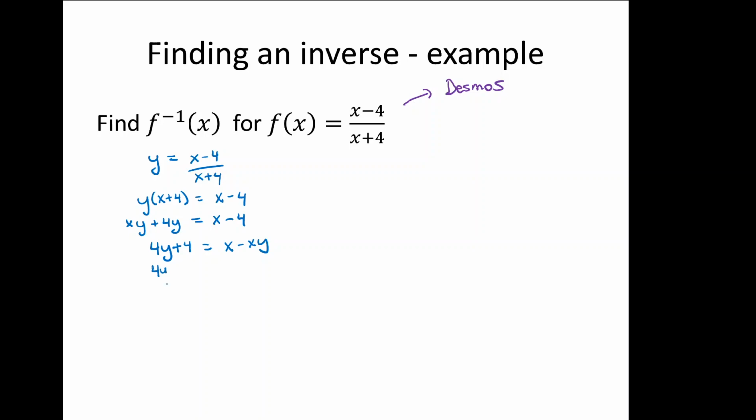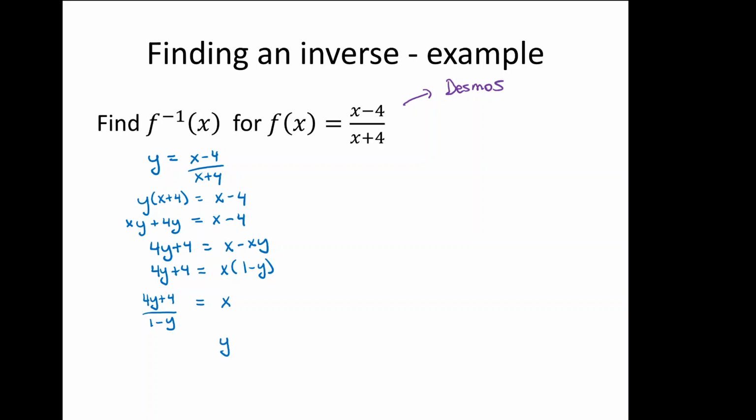Then on the right hand side, I'm going to common factor an x out. So I have x times 1 minus y. Then, since the goal of all of this was to get x all by itself, I'm going to do that by dividing both sides by 1 minus y. So I have 4y plus 4 on the left divided by 1 minus y. Now we're almost done. That's the hard part, getting x all by itself.